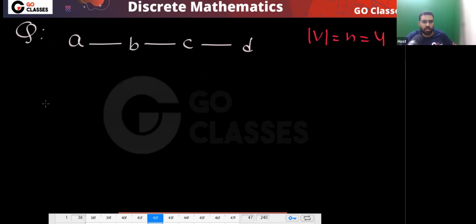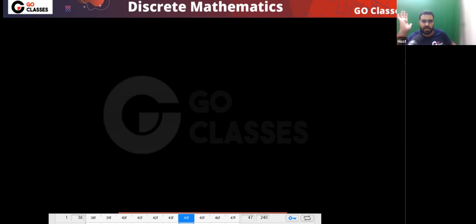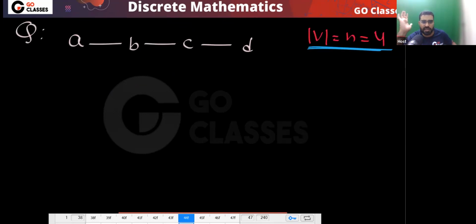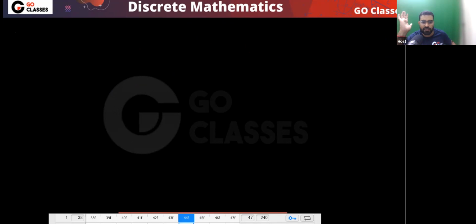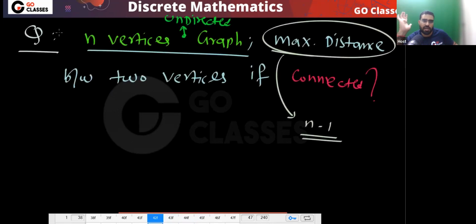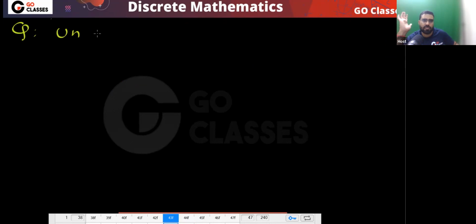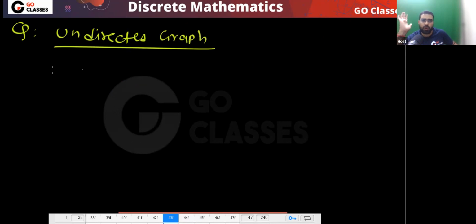Now the next question I want to ask. Your number of vertices is 4. In this graph, if I want to check whether it is connected or not, what will I check? Let's assume you have this undirected graph, and I want to check if it is connected or not.